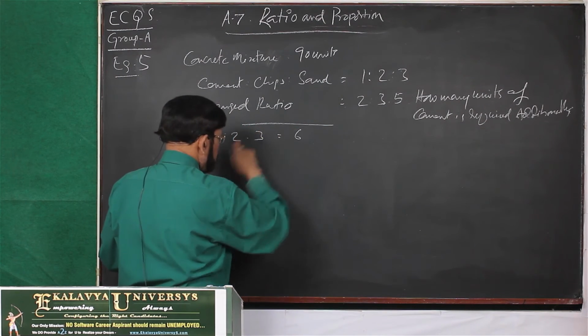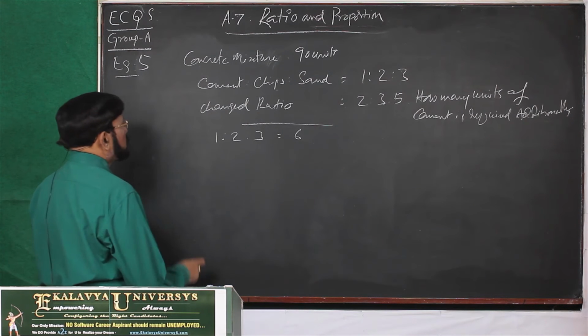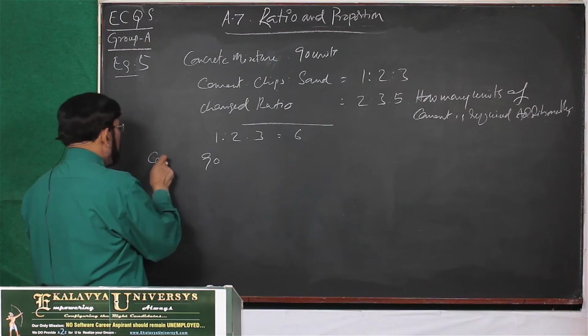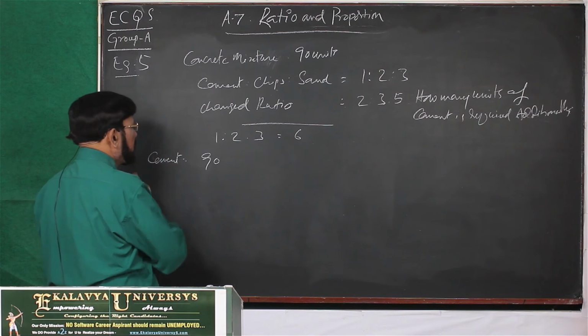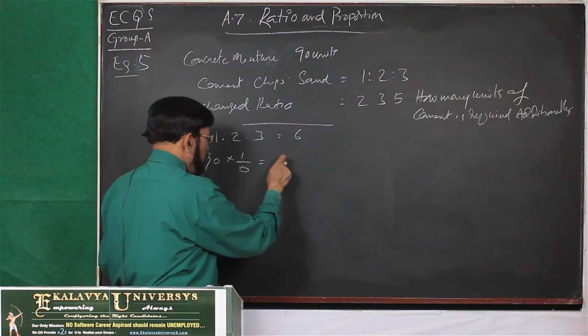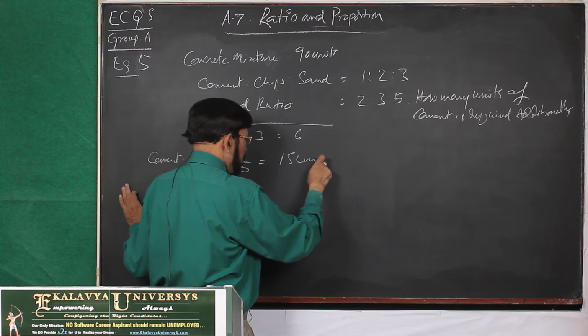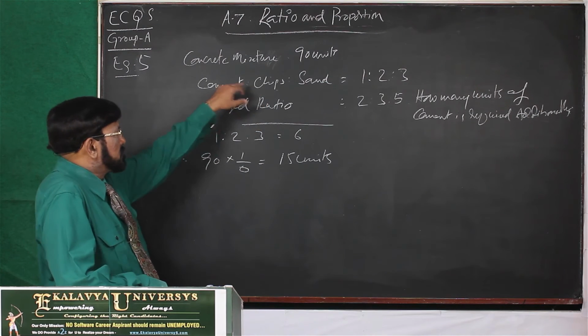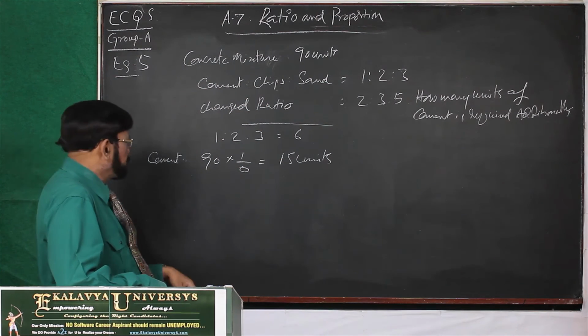What is the total? 6. Total units 90 units. In that, the cement content is 1/6, so 15 units. According to the first ratio in the concrete mixer, the cement is 15 units.